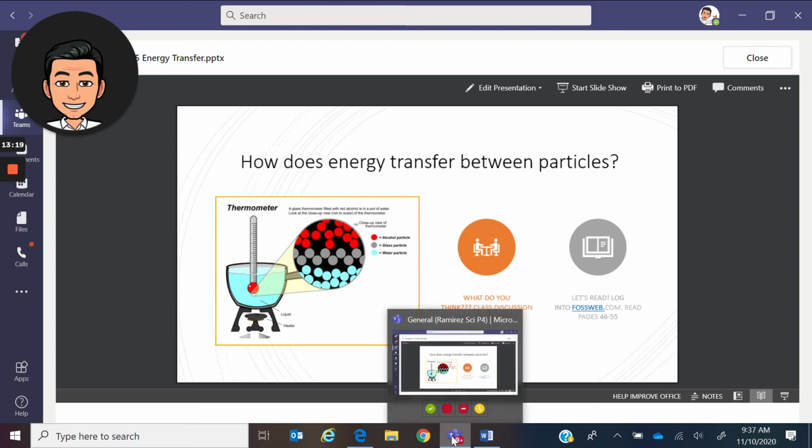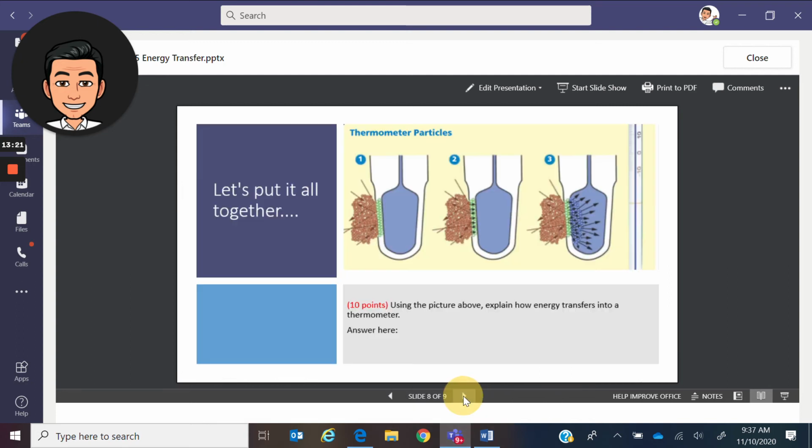Because, once again, your question for today is using this picture above. So using this picture, explain to me how energy transfers into a thermometer. So remember, it starts with the particles outside, it continues to the particles, the glass of the bulb, and then to the inside. So I want you to explain that to me.